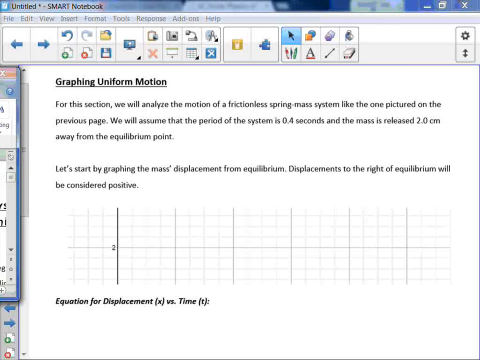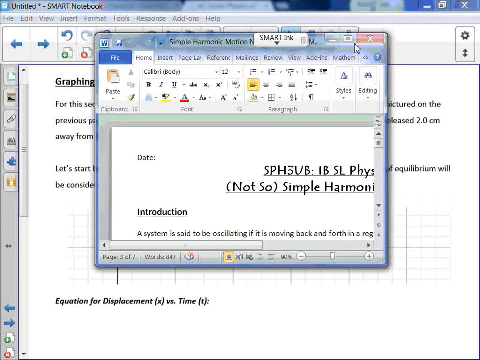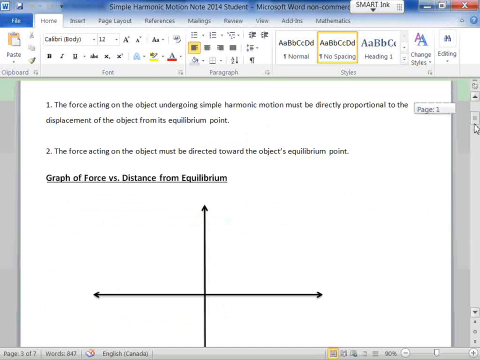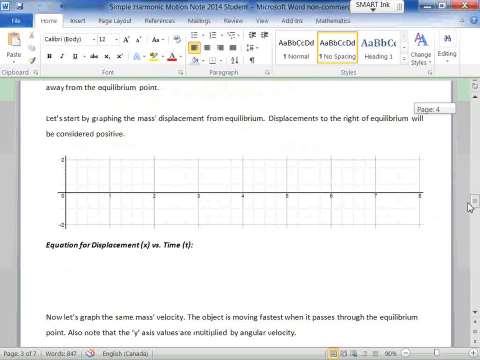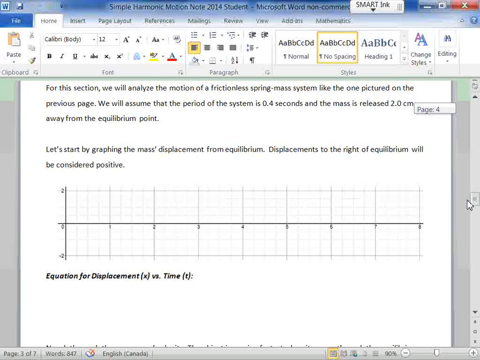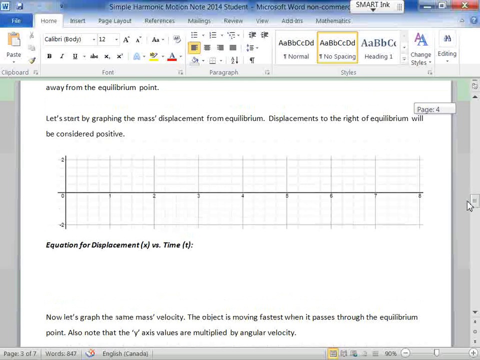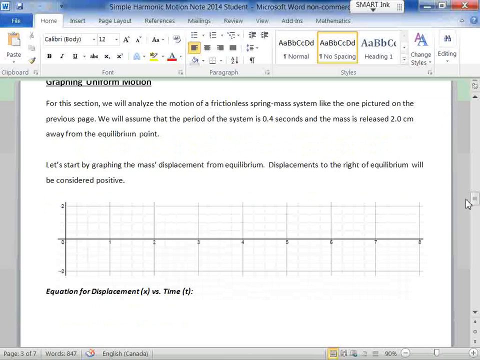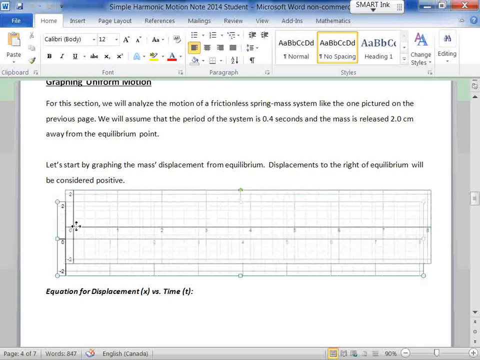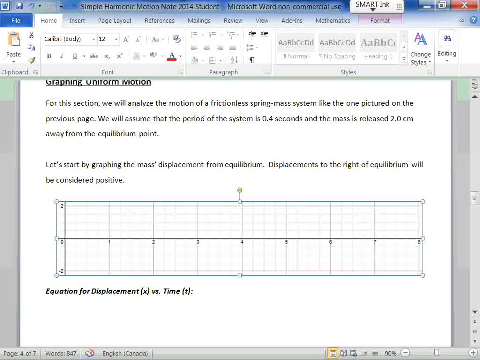What's going on? Hopefully the ink works. Sorry, technical problems.